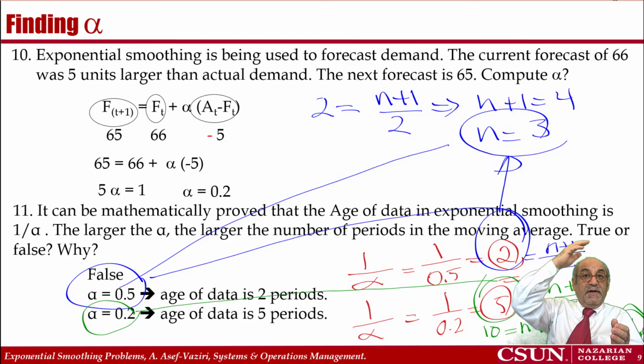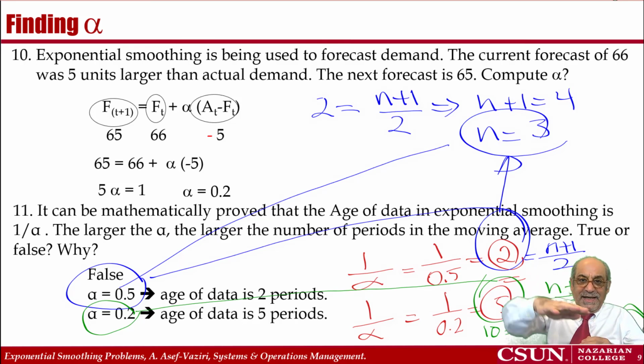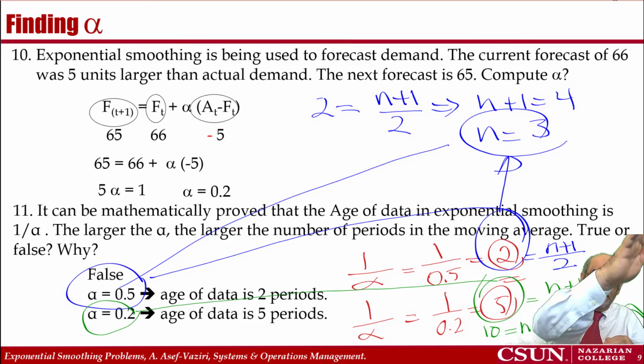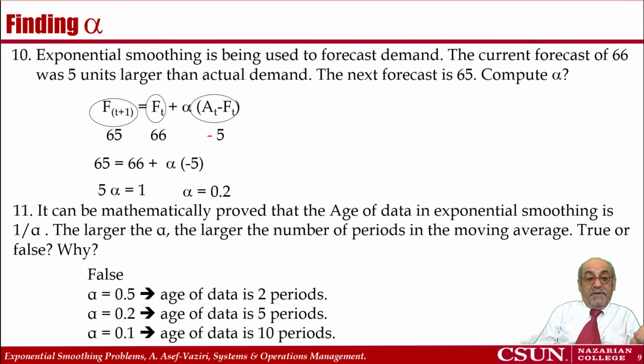So when alpha goes down, number of periods in moving average goes up, as long as it goes to the age of data and as long as it goes to creating a more smooth curve. And it is for alpha equal to 0.1 when age of data is 10 periods. And that is equivalent to 19-period moving average.